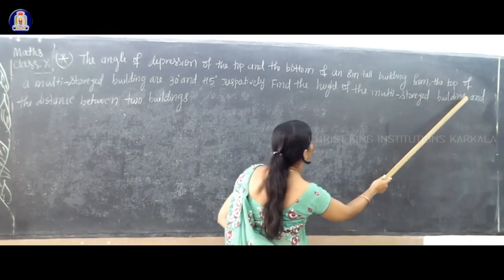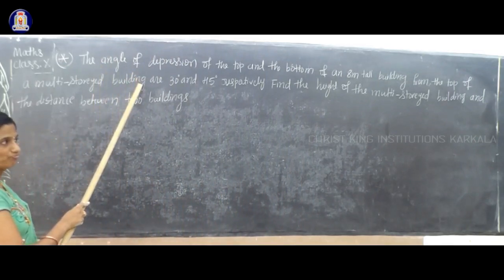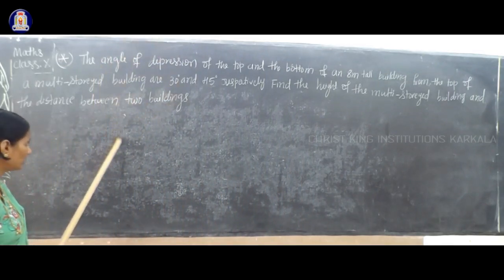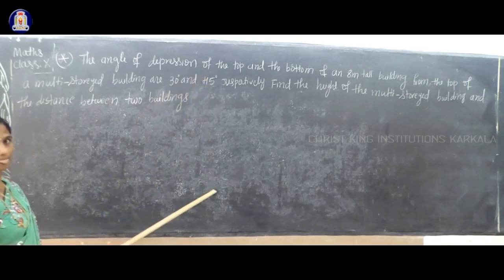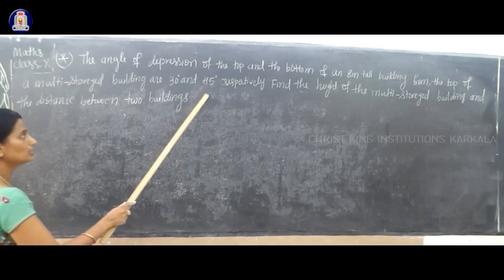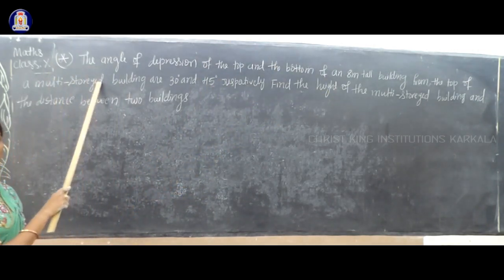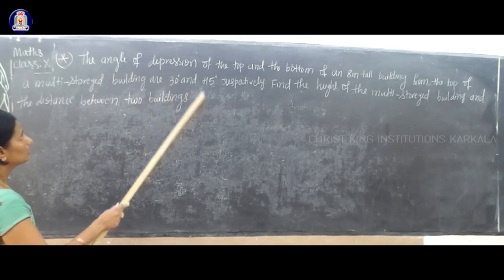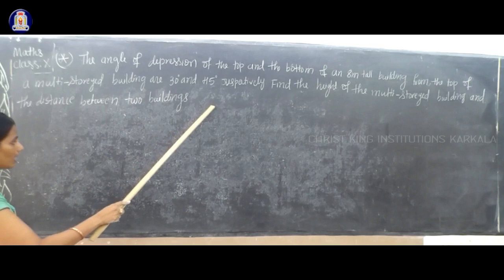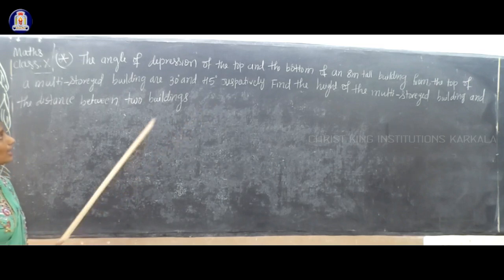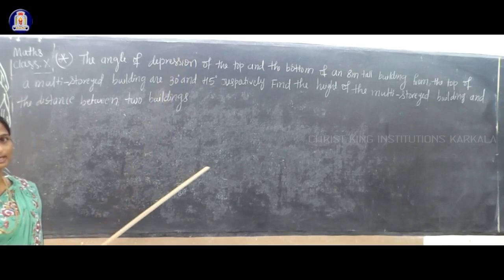From the top of a multi-story building. So here two objects, one is building and one is multi-story building. From the top of this multi-story building to the top and to the bottom, the angles of depression are 30 degree and 45 degree.